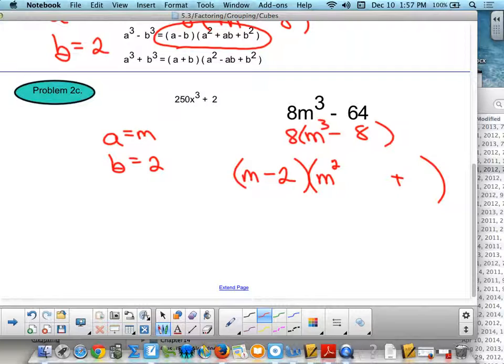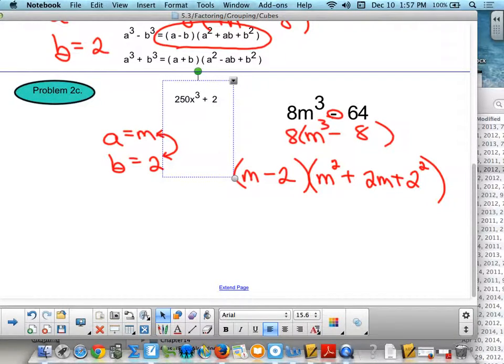And the backside, square the B. Square the 2. In the middle, take the A times the B, get what? 2M. And now the sign is always going to be opposite of that. Plus. You're done. Because it's just a formula.